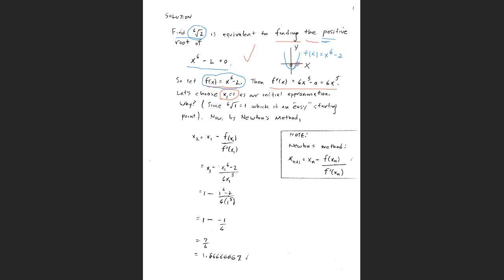When I use Newton's method with x1 equals 1 to approximate x2, it's very easy to compute my function f of 1, and my derivative f prime of 1. It's very easy to compute those. So, if anything, it's a nice reason to start off with x1 equals 1.